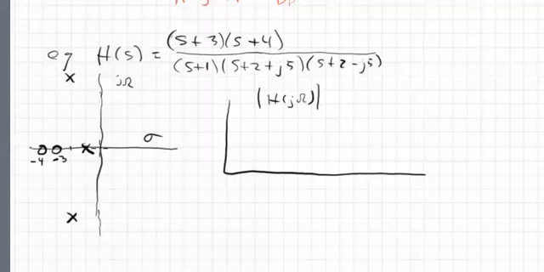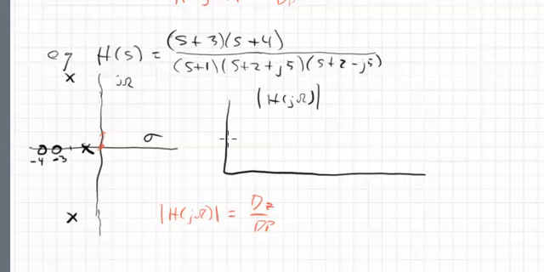Now again, what we would do to find the frequency response is start here and start moving up. When we're right here, the distance to the pole is very small, and when the pole distance is very small, it's in the denominator, so you get a big response, and the distance to the zero is bigger.